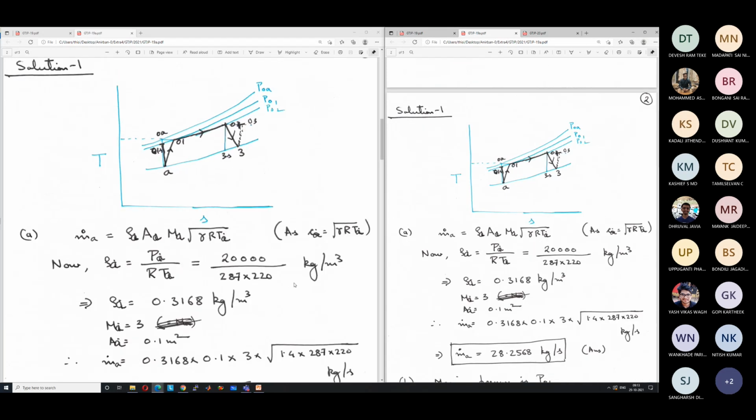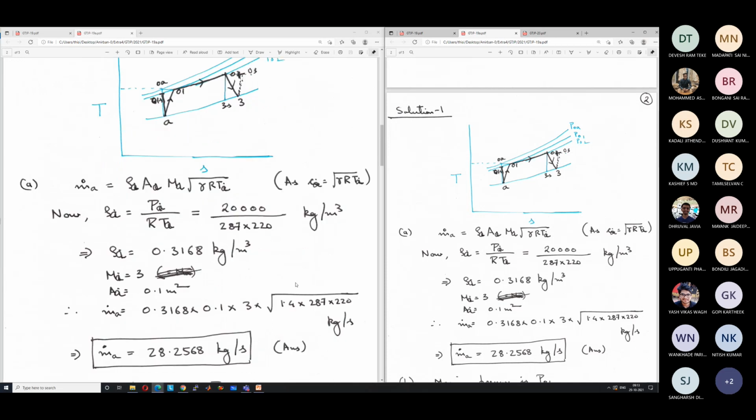Next we have to find the maximum pressure. How will we proceed with finding the maximum pressure?